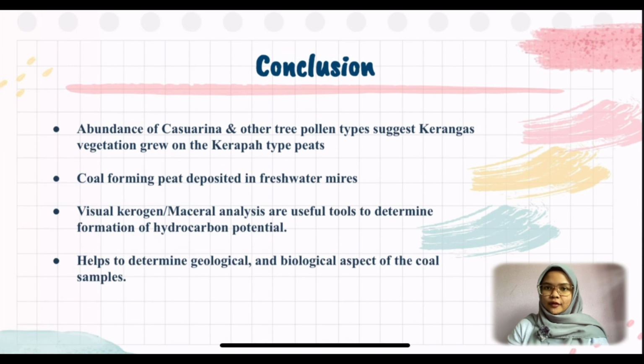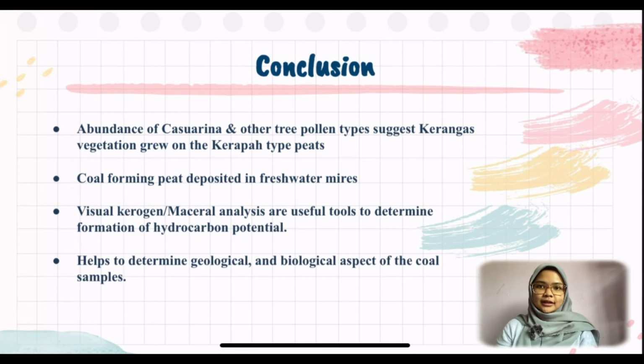The coal-forming peat was also deposited in a fresh mire with little or no marine influence, judging from the low sulfur content and palynomorph assemblage. However, both visual kerogen or maceral analysis and palynology are useful tools to determine hydrocarbon potential. They also help to determine the geological and biological aspects of the coal sample.